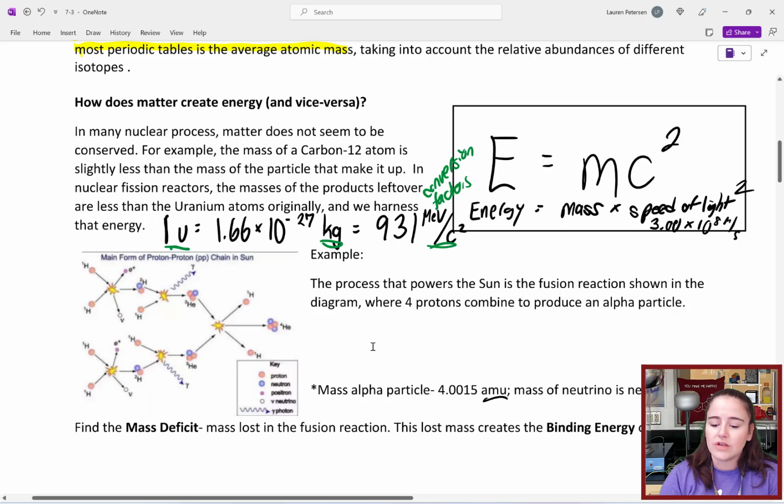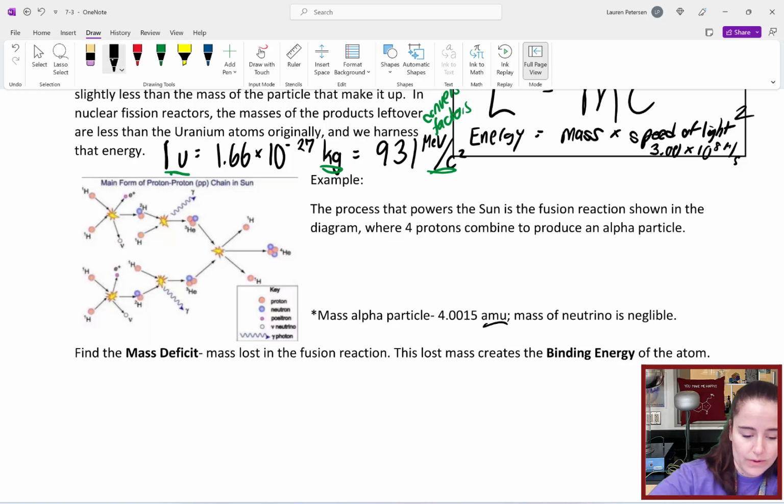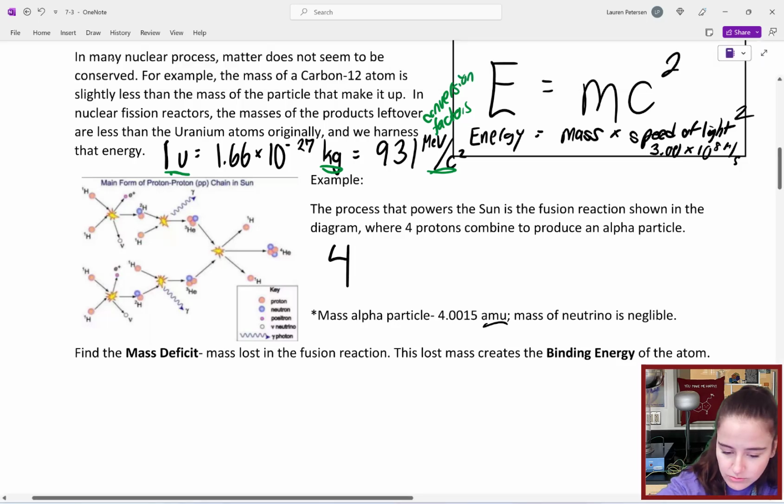Okay. So the best example of this happening is in the sun. In the sun, there is a proton-proton chain reaction, and the general reaction is that we have 4 protons.